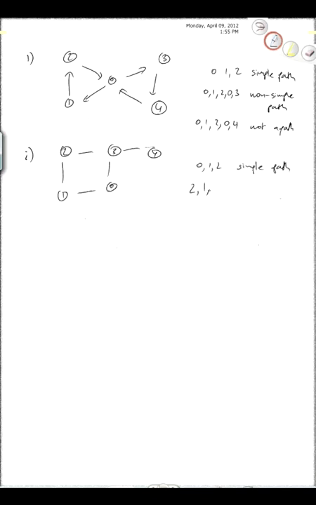And what about 2, 1, 0? Well, that's also a simple path. The point is that in an undirected graph, we could take the edge either from 2 to 1 or from 1 to 2. It doesn't matter. Whereas before in this example, it really did matter in which direction you were taking the edge. So that's our first definition about graph structure.